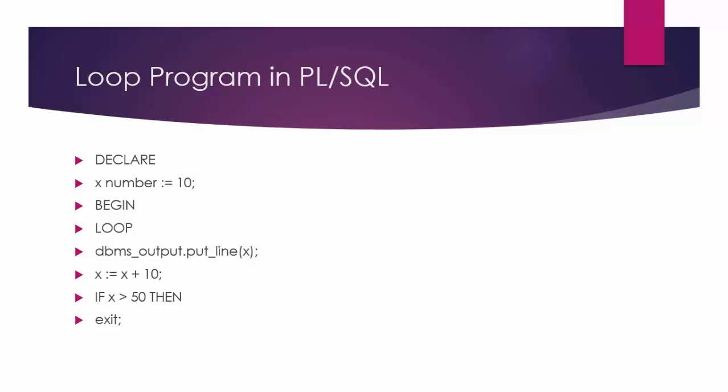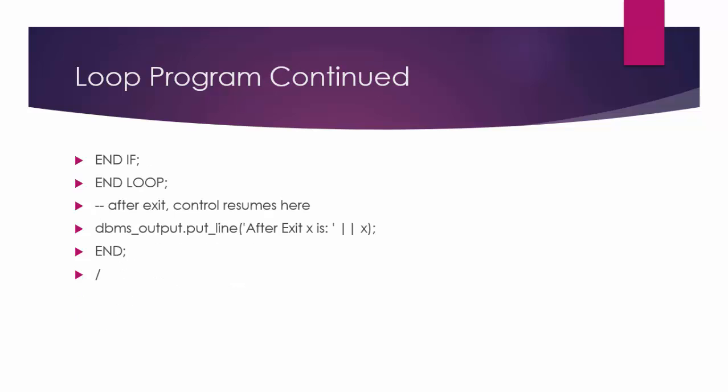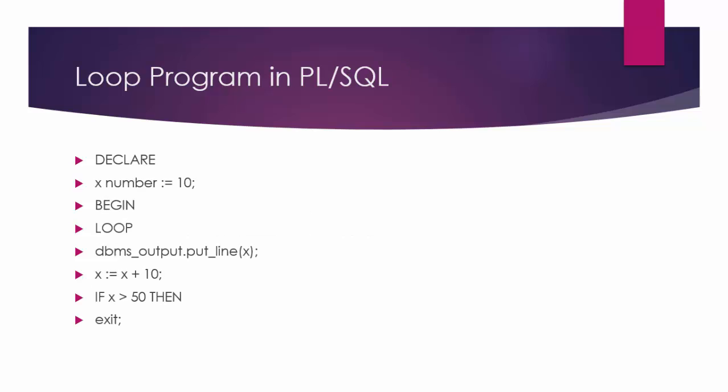Like in any other clause, we write loop, and as you can see we write end loop, but what is important is the code inside the loop, what we are iterating through. So x is a number which holds the value of 10.